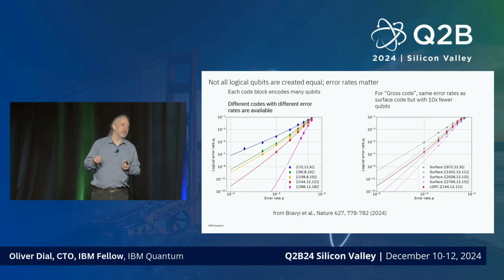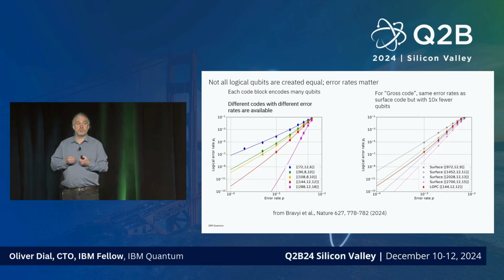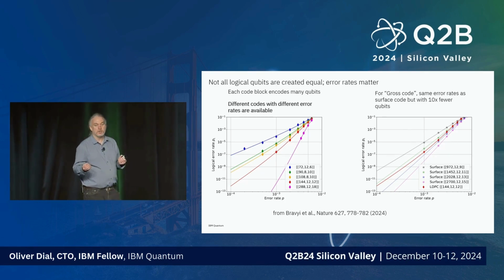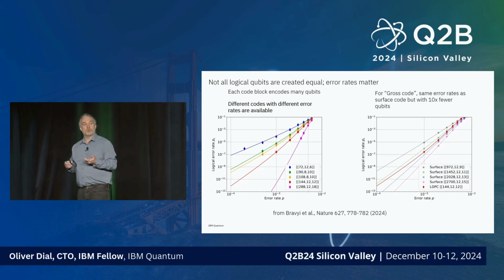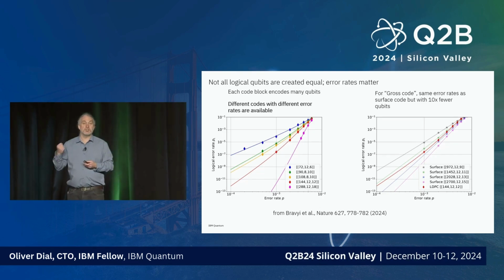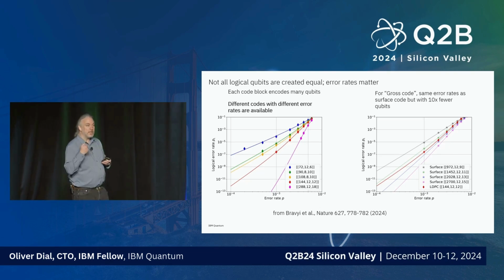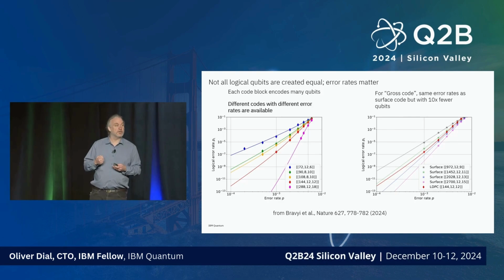It's hardly getting us past what we think we can do today with error mitigation. There's just no point in making a logical qubit that works that badly. You need more protection. The gross code that we're focused on is the red curve. It gets down to a logical error rate of about 10 to the minus 12. That gets us to the trillions of operations that Matt was talking about. That's where we want to be. That's quality. What about scale? Well, focus on the other plot.